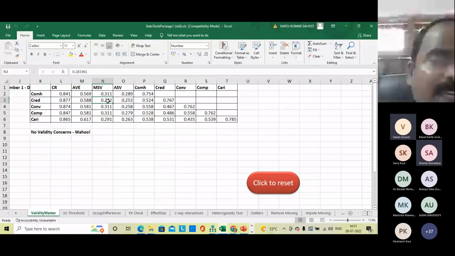MSV value of credibility is 0.282, which is less than the respective AVE value 0.588.